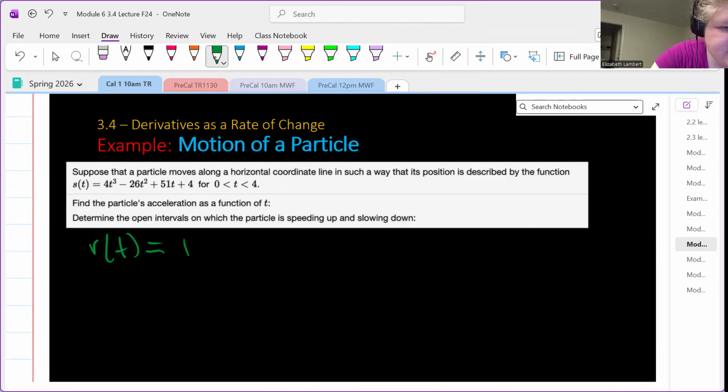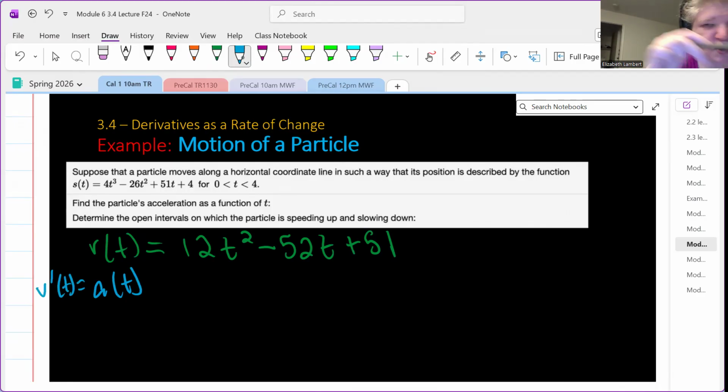That is 12t squared minus 52t plus 51. Now we are going to come up with the acceleration function. Remember, acceleration is just the derivative of the velocity or the second derivative of the original function.